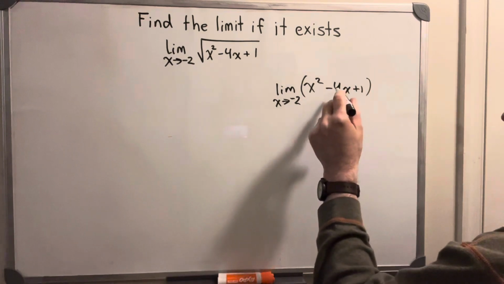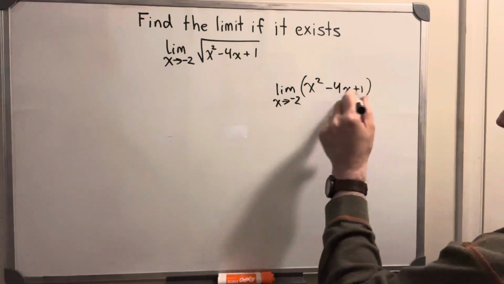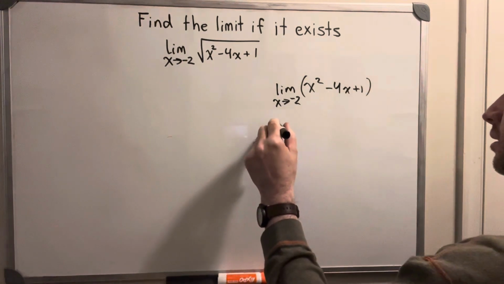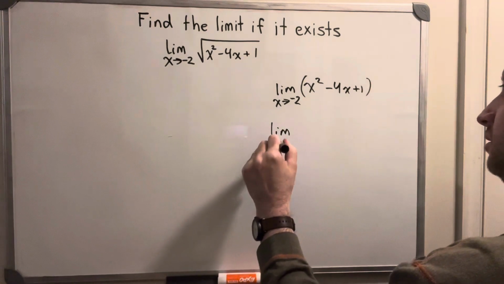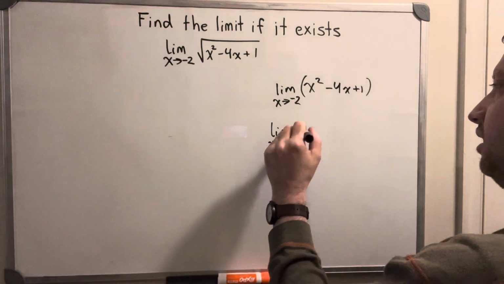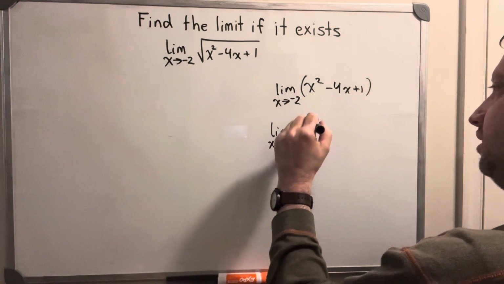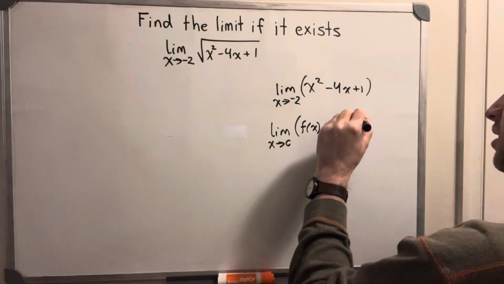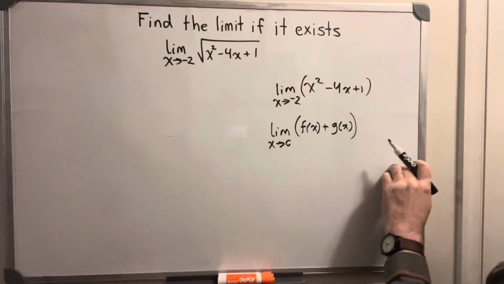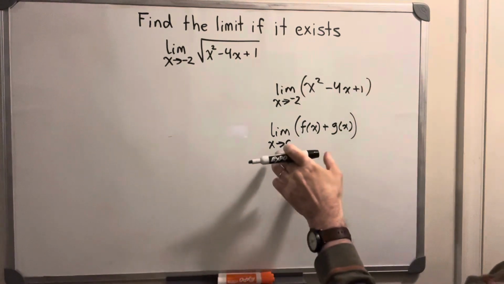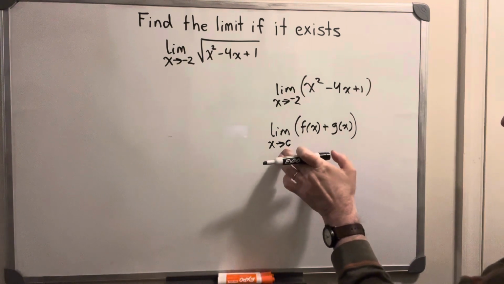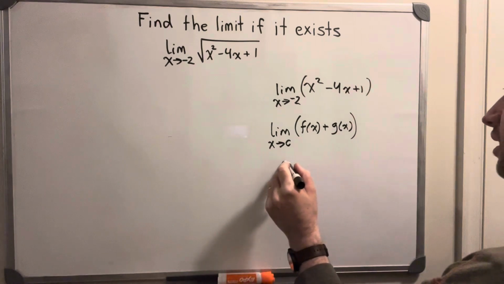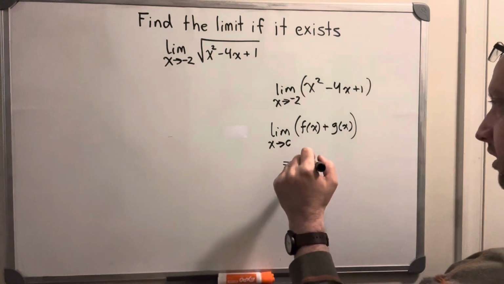And here we are. We've got this. Now we can use some more limit theorems, basically the sums and differences. The limit of a sum: you can go through and find a proof of this, which is good to do at least once in your life. We know that the limit of a sum of functions, as long as the following exists, this is okay.